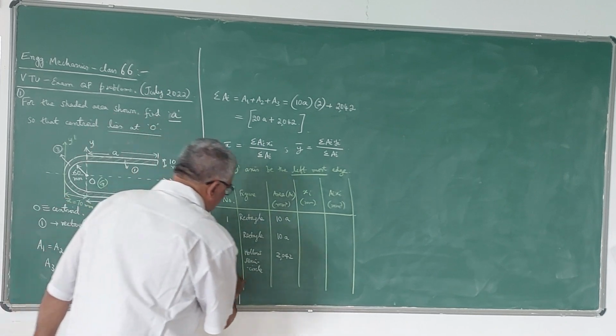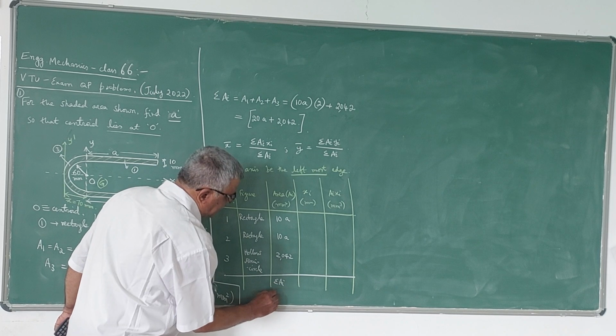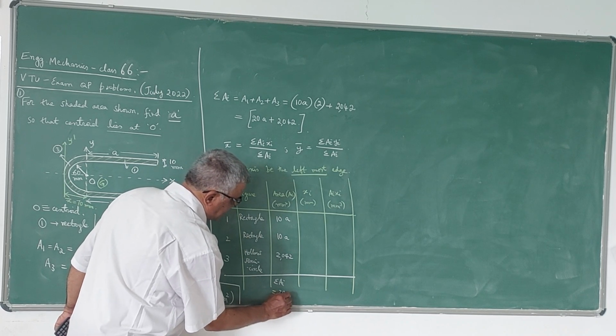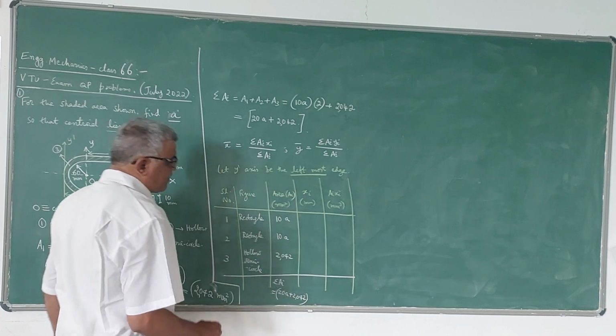Now if you add these three, you get sigma ai, which is 20 times A plus 2042. This is what we get.